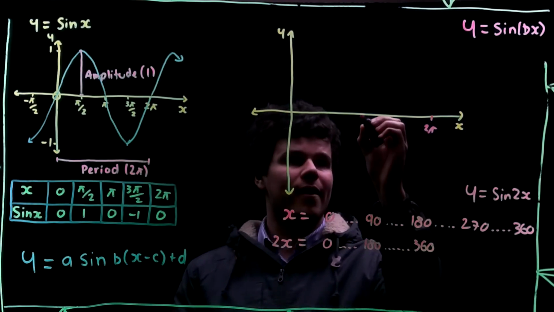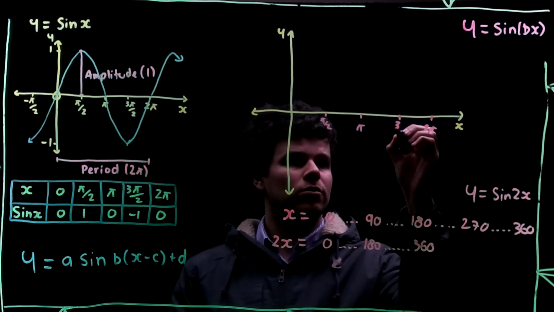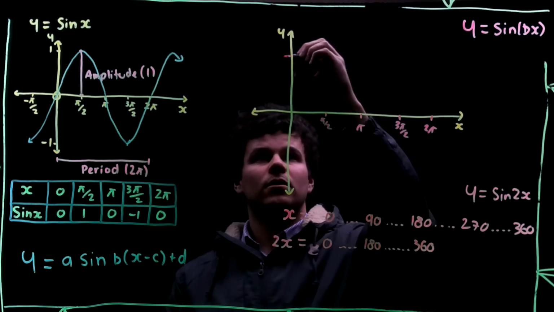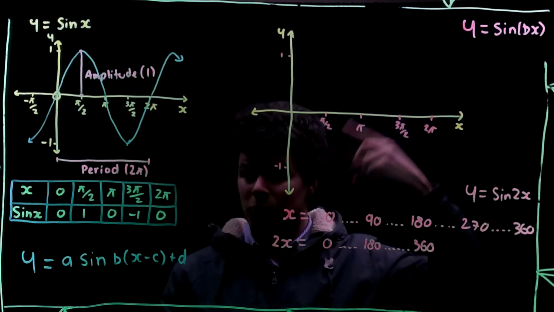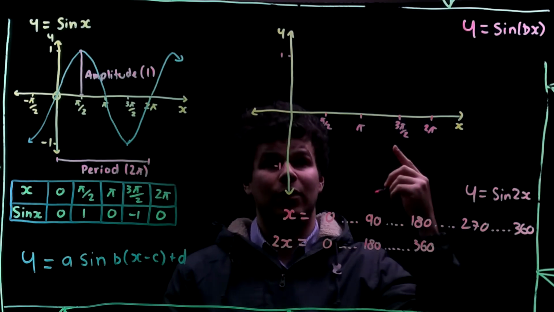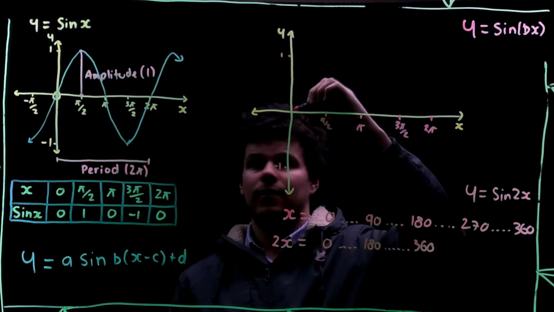here's 2 pi, pi on 2, 3 pi on 2, 1, -1. Going up and down once again, that's all going to be the same, it's just going to happen quicker, which means our period is actually going to happen like this.